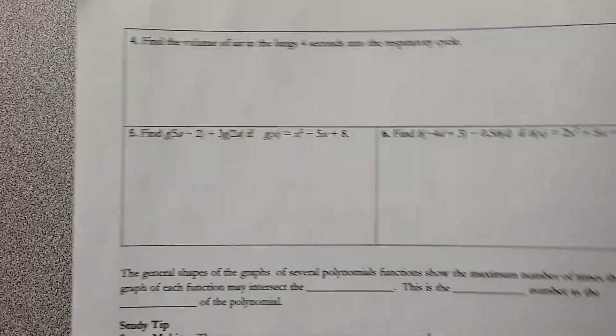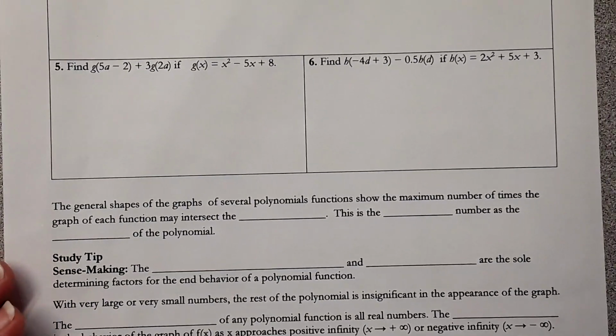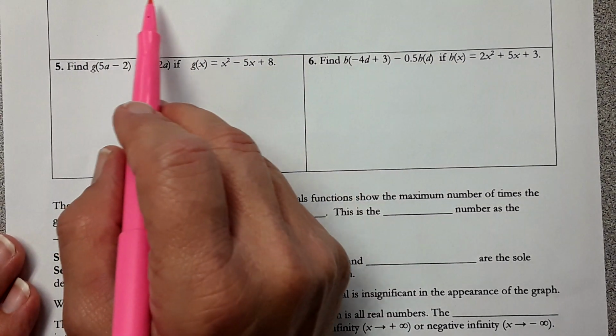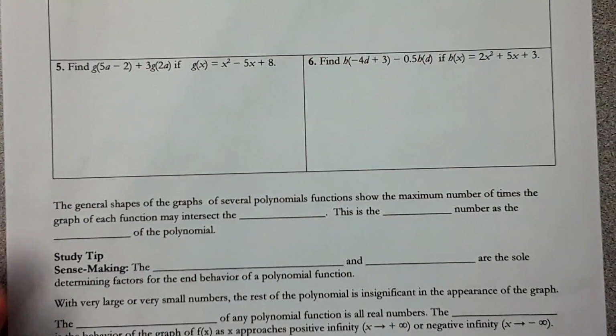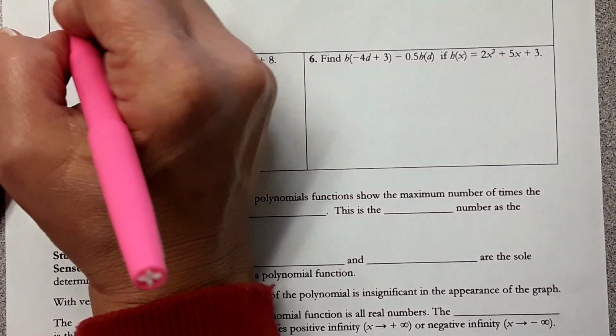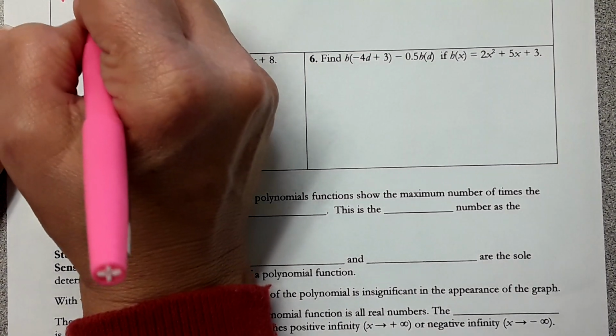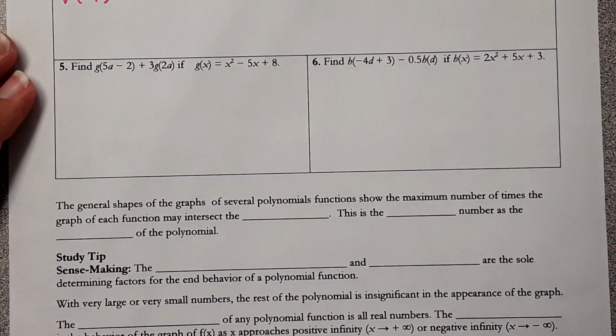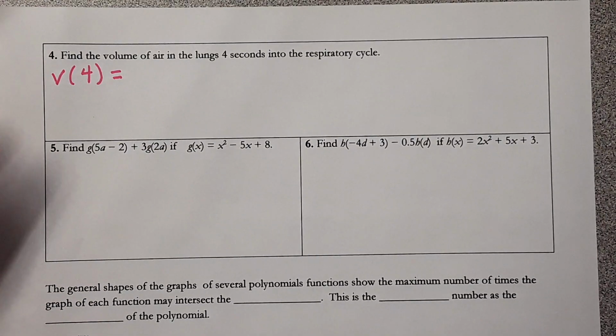So we're going to use the same equation that we used in that example, but this time we want to find the volume of air in the lungs 4 seconds into the respiratory cycle. So it's going to be V of 4 now. And wherever we see a T, we're going to put a 4 in.